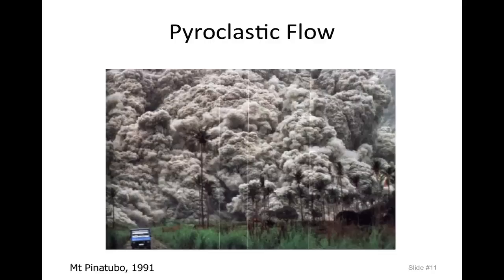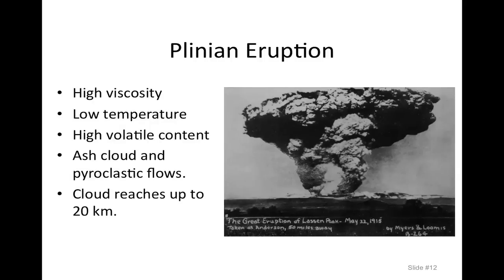Let's go to the next slide now, and the Plinian eruption is the most violent as far as common eruptions are concerned, at least eruptions that have happened within our historic time. They are associated with a higher viscosity magma, and that's because the higher the viscosity of the magma, obviously the higher silica content there is.